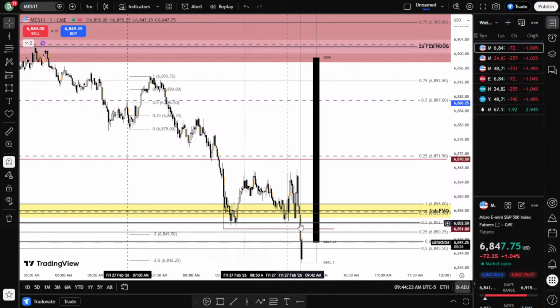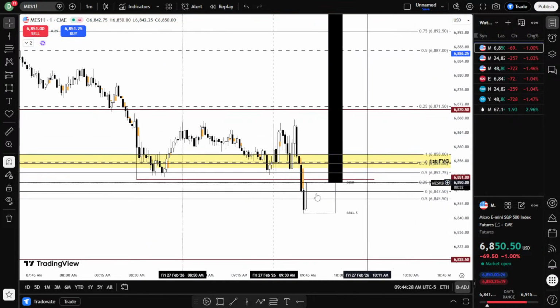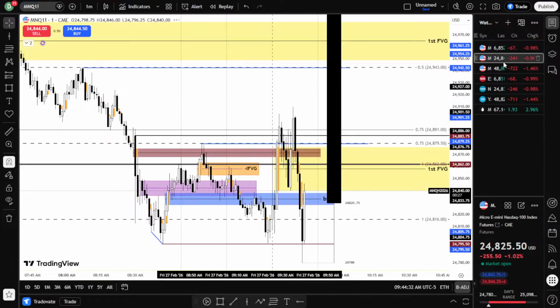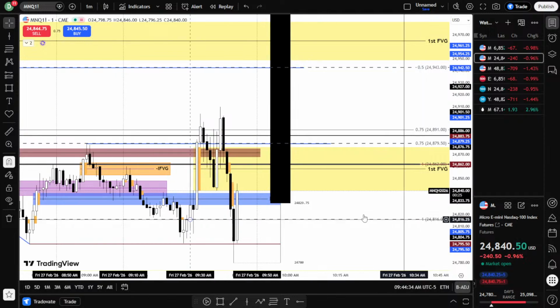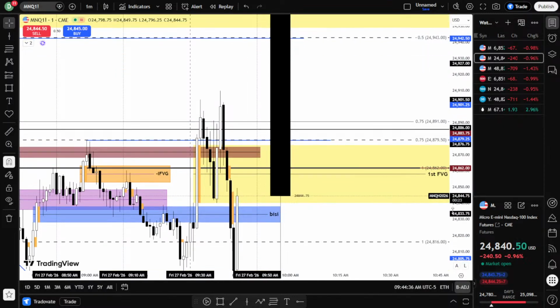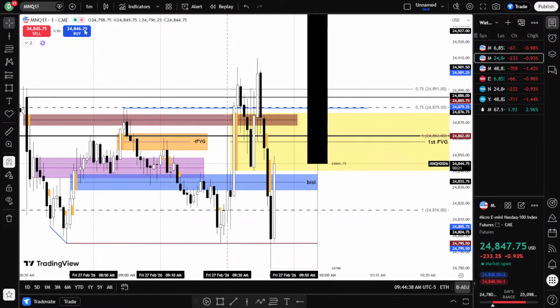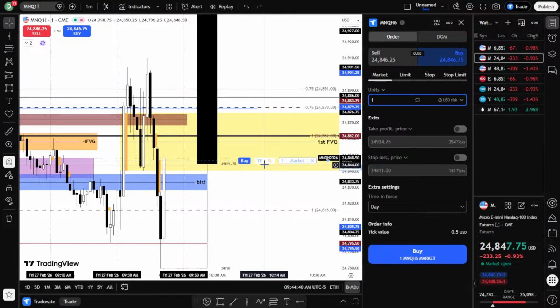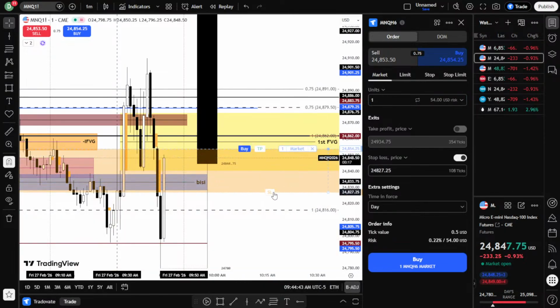This inefficiency right here is really important, how it acts, if it is really going to cover it fully on the upside or not. That will be interesting to watch. I am looking for this right here. Yes, I'm looking for that inefficiency.